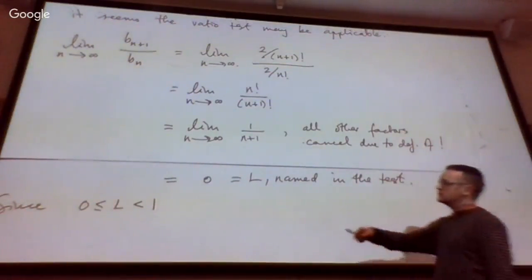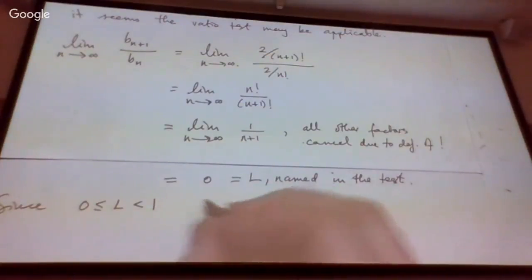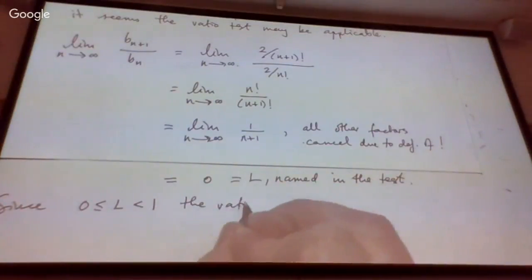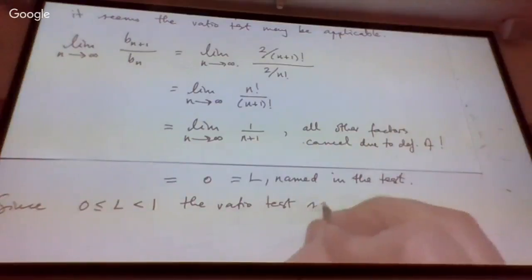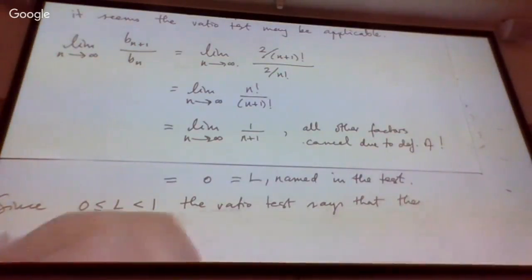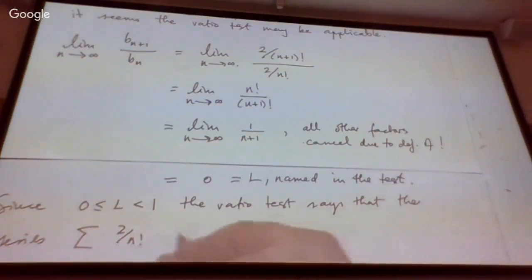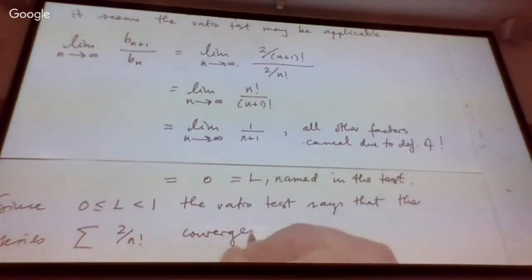And that's certainly true because L is equal to 0. And the ratio test says that the series sum of 2 over n factorial converges. Okay, so that's the conclusion.